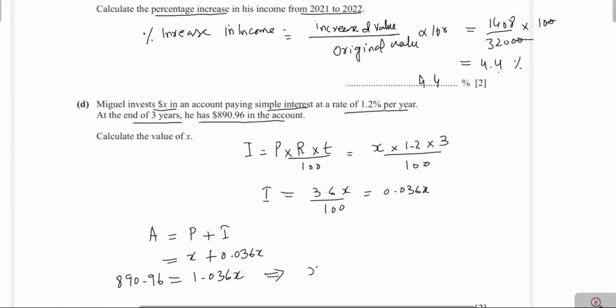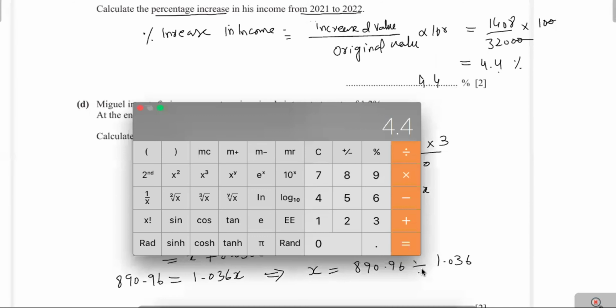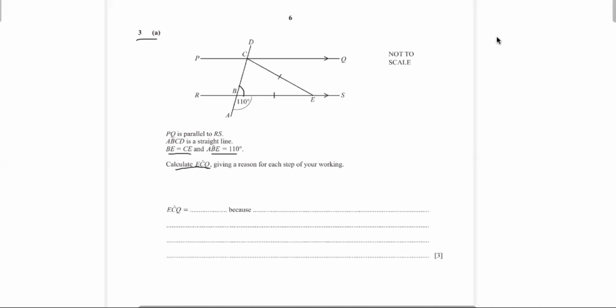Now therefore X will be equal to 890.96 divided by 1.036. Now we calculate it. You see here, 890.96 divided by 1.036.